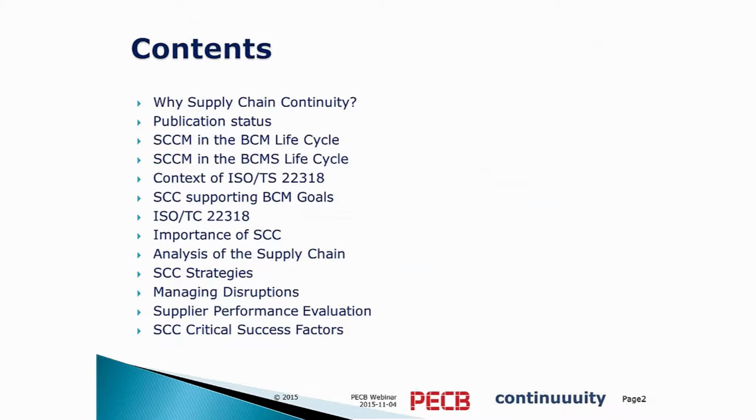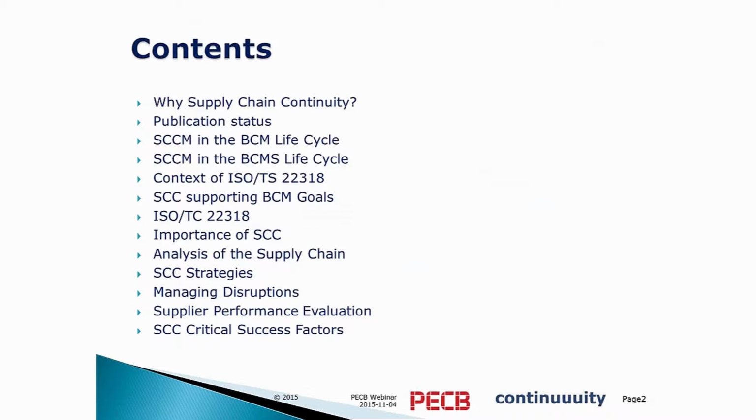So let us go briefly through the contents. We'll discuss what is supply chain continuity, the publication status, it's already published, and then a positioning of SCCM, which is the acronym for Supply Chain Continuity Management, in the BCM and BCMS lifecycle.